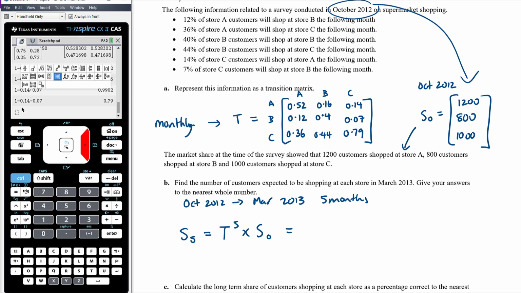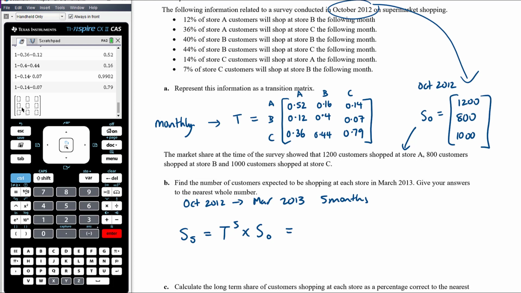Transition matrix, we need a 3 by 3. So 0.52, 0.16, 0.14, 0.12, 0.4, 0.07, 0.36, 0.44, 0.79.